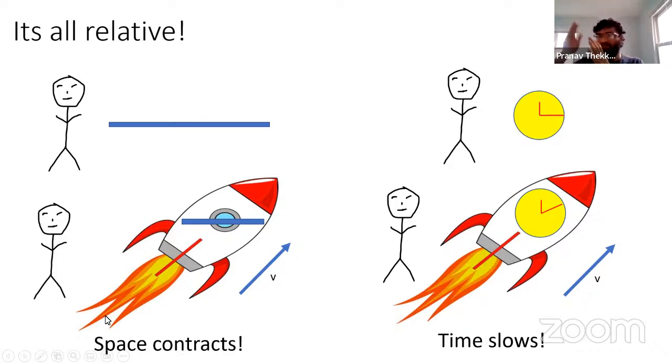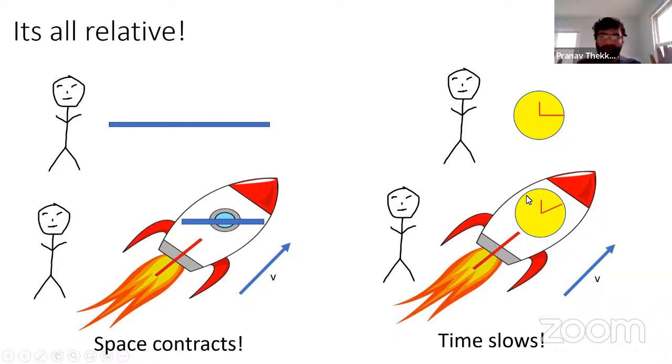that's going really fast. Let's say this is a cartoon rocket, going so fast that we haven't been able to achieve these speeds in the real world. And there is the same rod that I have placed, and there is the same watch that is keeping track of time in the rocket as well.